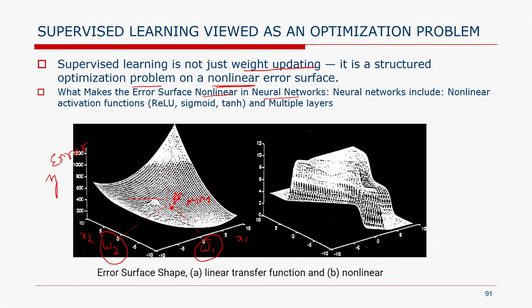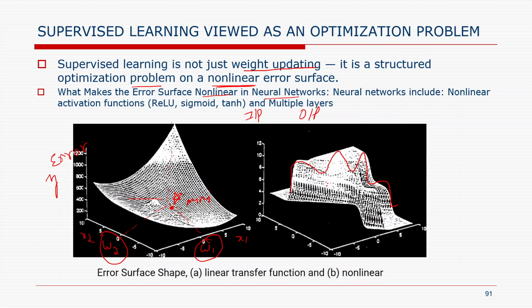But usually, when we map the input to the output and minimize error, our error surfaces will not be a smooth bowl like what you are seeing here. Our error surfaces will have ups and downs. That is the z axis.